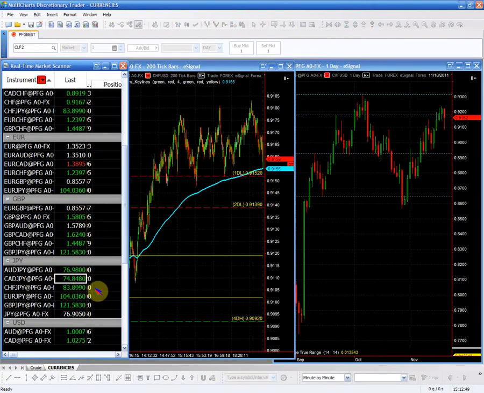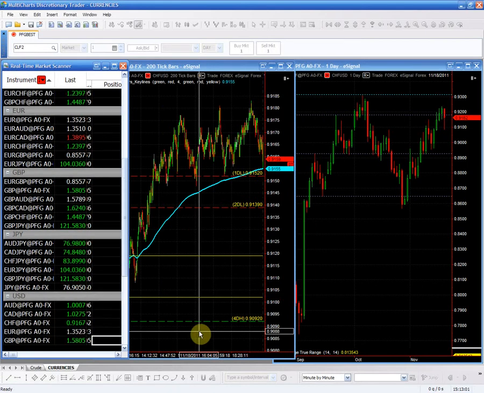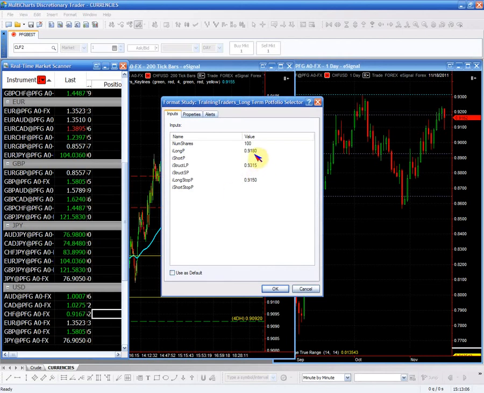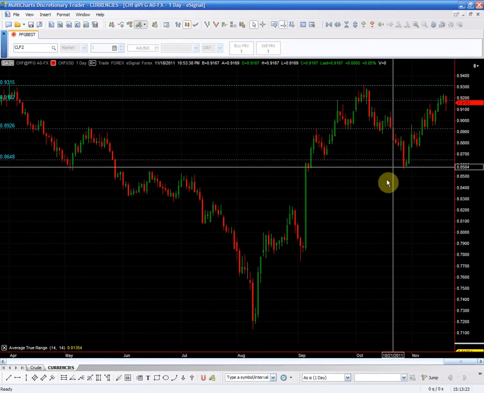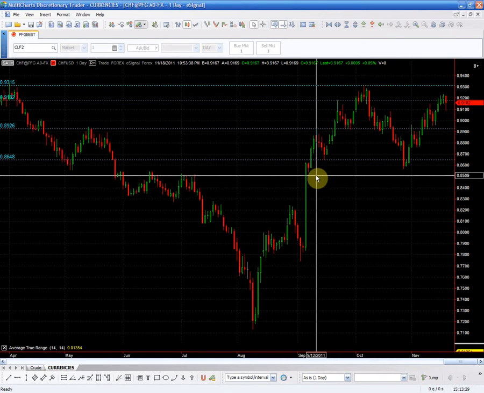So our selling point is going to be 90.86. That is my selling point, and my structure point to the short side, this one will be here, that will be 89.28.